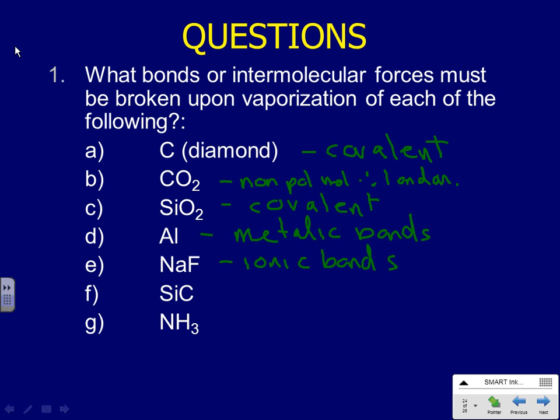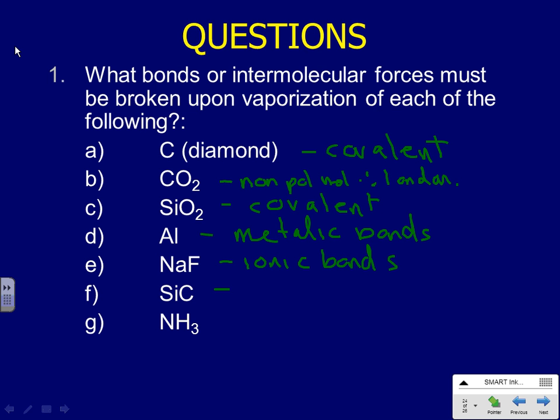SiC. What are we breaking there? Why would you say covalent? They're both nonmetals? All right. This is one of those covalent network crystals that is in the list that I need you to memorize.